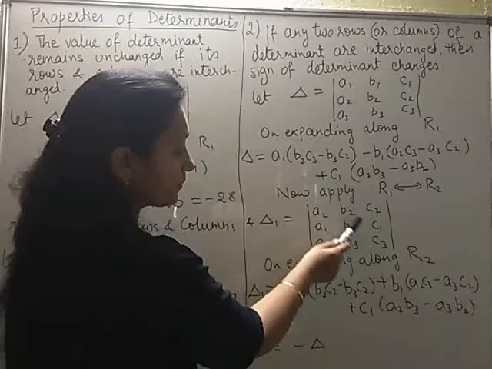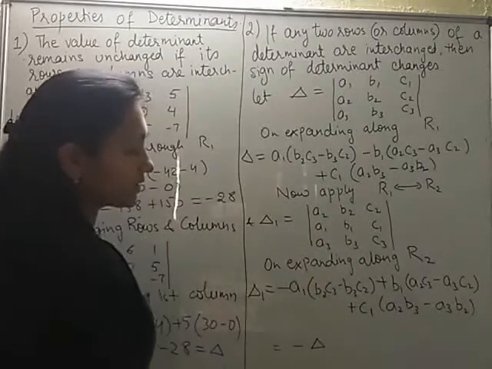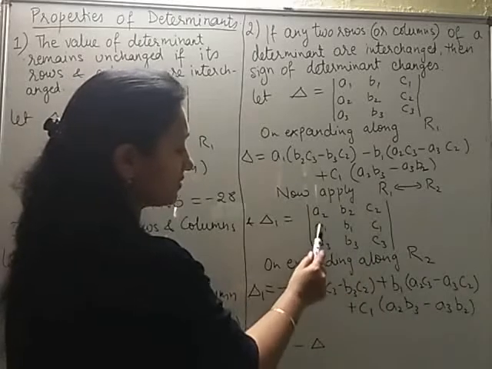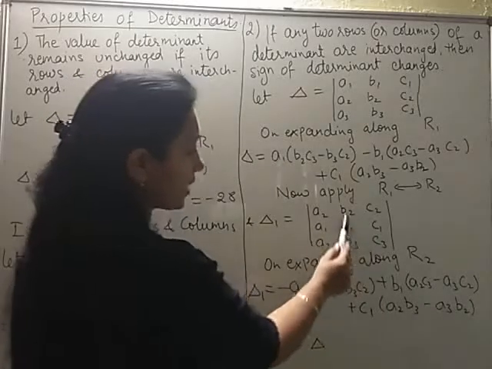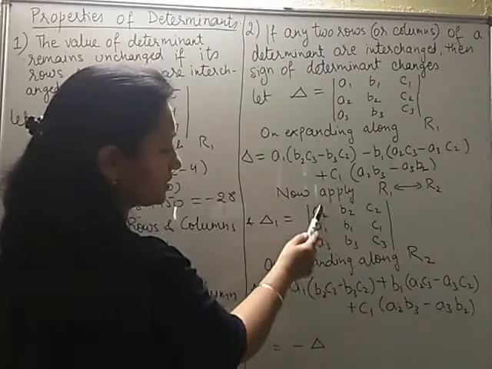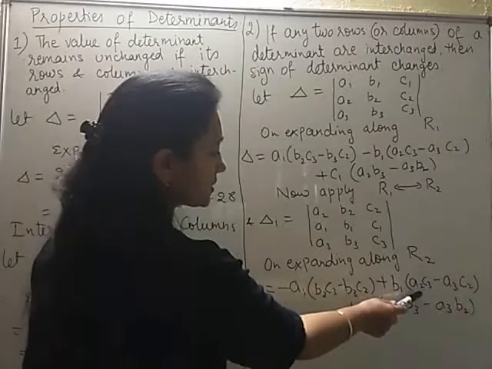If I solve it, it is B2C3 minus B3C2. That is what we have written. Then B1 multiplies with +1, so it is plus B1. Now you hide its row and column. So these are the 4 elements left. Solve the determinant. It will be A2C3 minus A3C2.